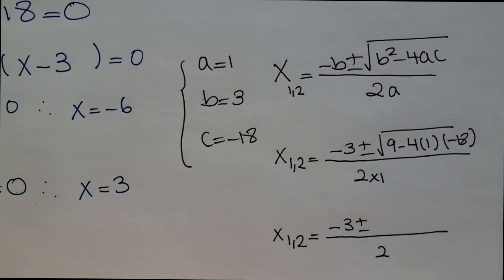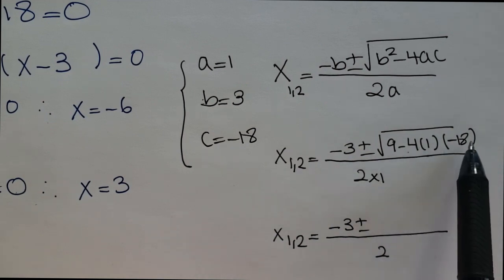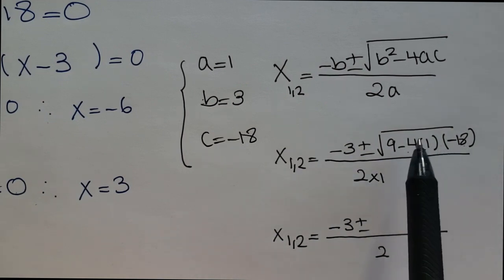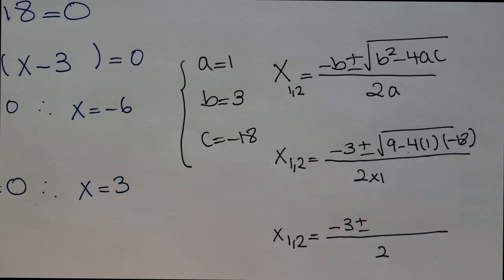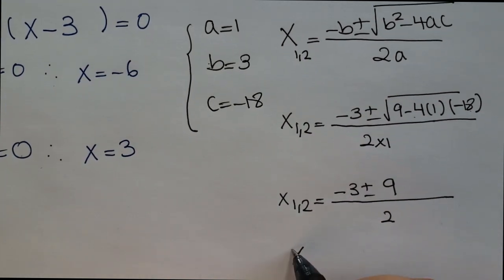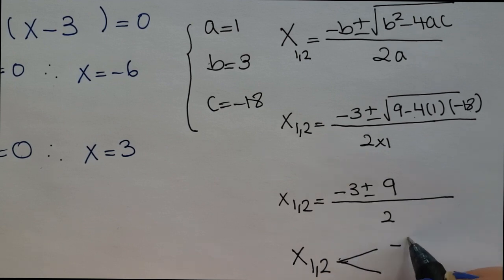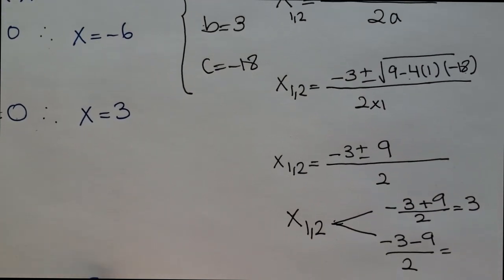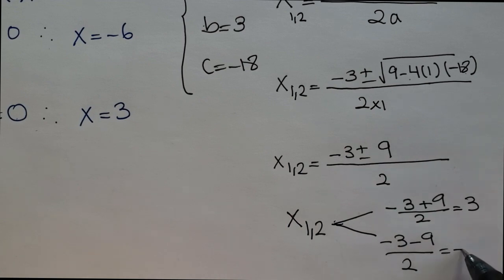Under the radical is negative 4 times negative 18, it's 72, plus 9, it's 81. And the square root of 81 is 9. Okay, so let's simplify it further. I would have two answers. Negative 3 plus 9 divided by 2, which is 6 divided by 2, is 3. The other one is negative 3 minus 9 divided by 2, which is negative 12 divided by 2, it's negative 6.